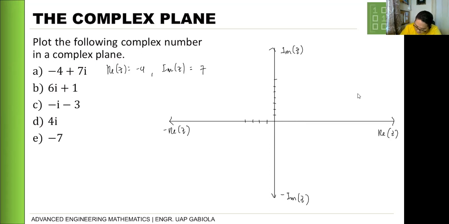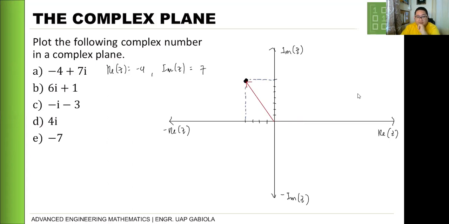So, yung mismong intersection niya, that will be our point. Okay? So, itong point na to, yun yung taking a vector from origin papunta doon, no? So, that will be our negative 4 plus 7i.